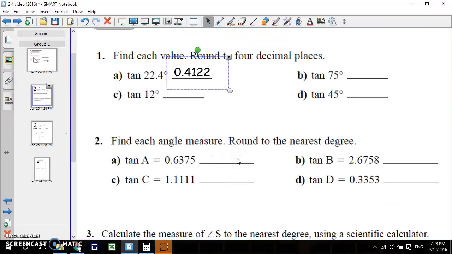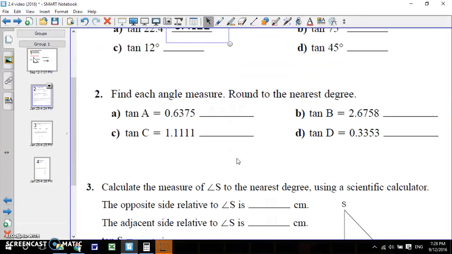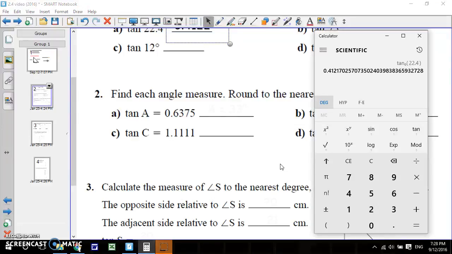Conversely, we can also use any trig ratio to find angles. So if I have a tangent ratio, tangent of angle A, equaling 0.6375, do you still remember how you can isolate for A? On your calculator, you will notice that above the tangent button, there is a tan -1. The tan -1 stands for the inverse of the tangent function, very similar to the inverse sine and inverse cosine that we used yesterday to calculate angles.